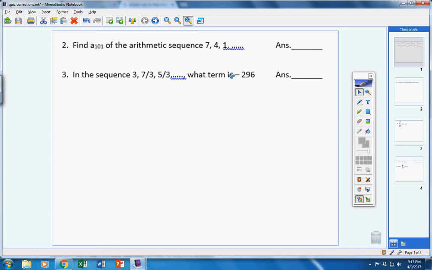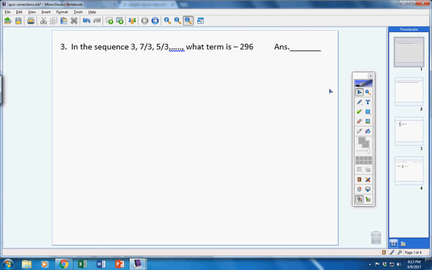On quiz number 23, what term is negative 296? Now, I kind of messed up on this, but you can still solve it, okay? So here we go. First of all, I have 3, 7/3. If you take 7/3 minus 3, remember when you're finding the common difference, you can subtract any consecutive 2 terms, but always put the highest term first.